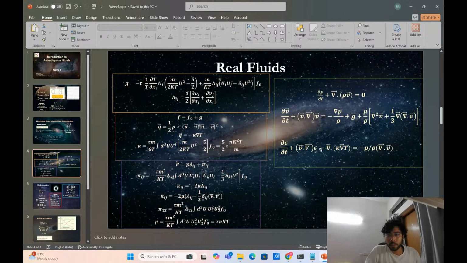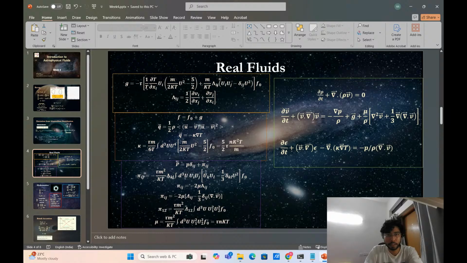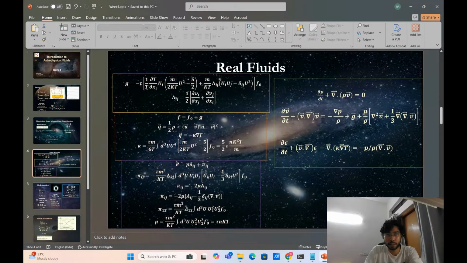Now, for the third equation, earlier we had q going to 0. Now we will have q not 0, as we saw from this. So q will be k gradient of tau, which will give rise to this term: del dot q will give rise to del dot k gradient of tau.